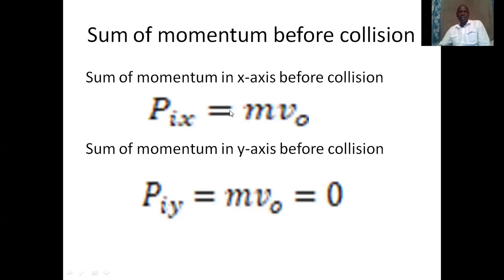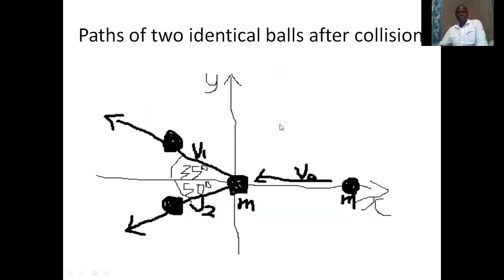So this is before the collision. The momentum will be mass times v(o), which is the initial velocity. Also, because this one is along the x-axis, it's not broken into components.